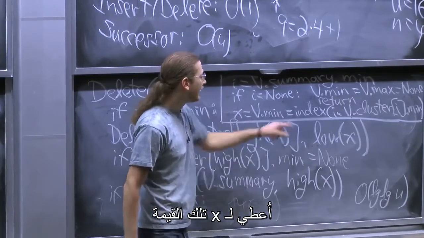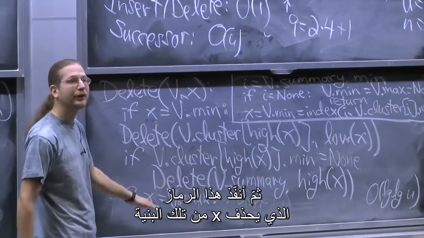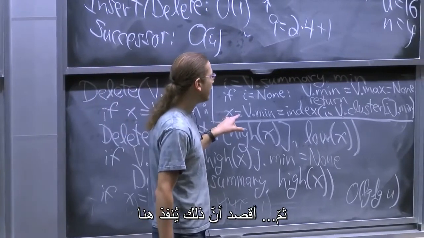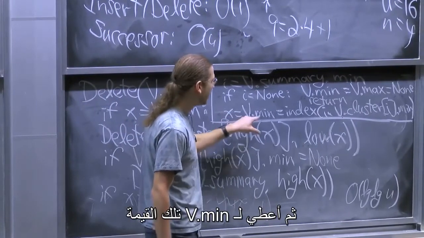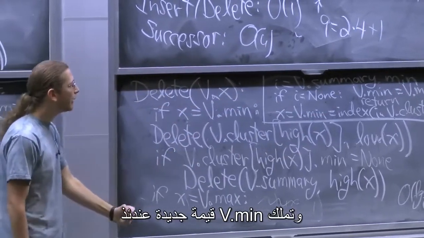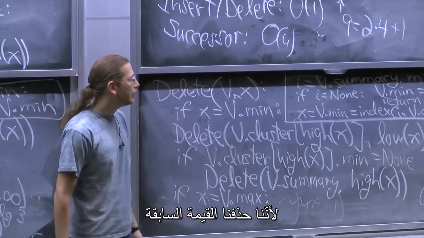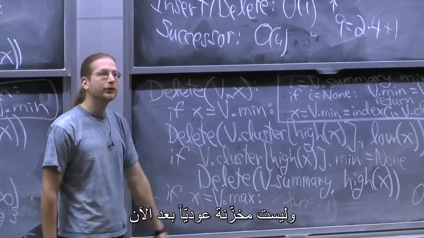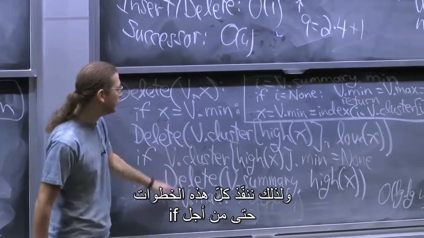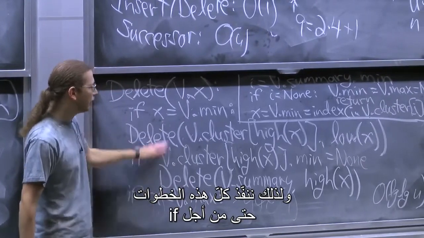I'm setting x to that thing, and then I'm going to do all this code, which will delete x from that structure. And then I'm going to set v.min to be that value. So then v.min has a new value, because I deleted the old one, and it's no longer recursively stored. I don't want two copies of x floating around. So that's why, even in this if case, I do all these steps.